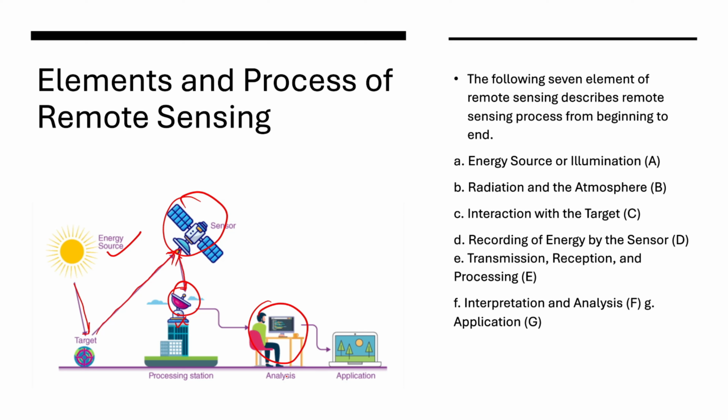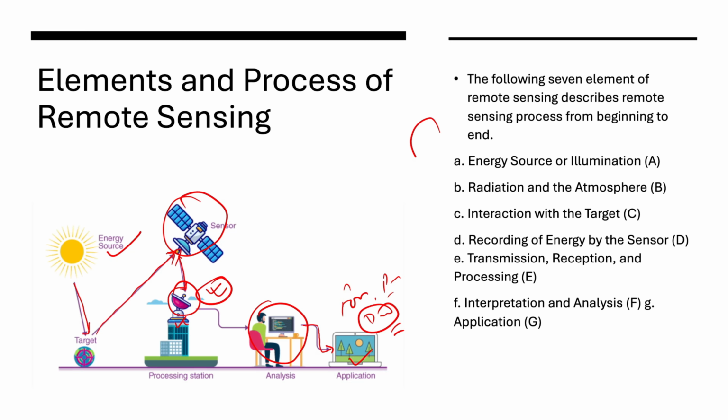The station converts the signals to imagery, and we interpret the signal, and we use this information as an application sometimes in forestry, in precision agriculture, sometimes disaster risk reduction, or something like that.